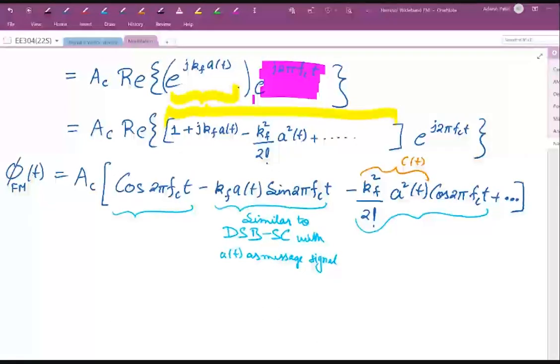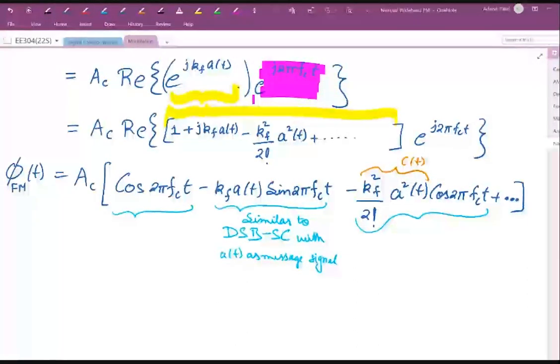If c(t) is the signal, and you multiply c(t) with cos 2 pi fc t, what will we get? We will get again a DSB-SC signal. If we assume that c(t) is now the equivalent message signal, again this will be a DSB-SC signal.